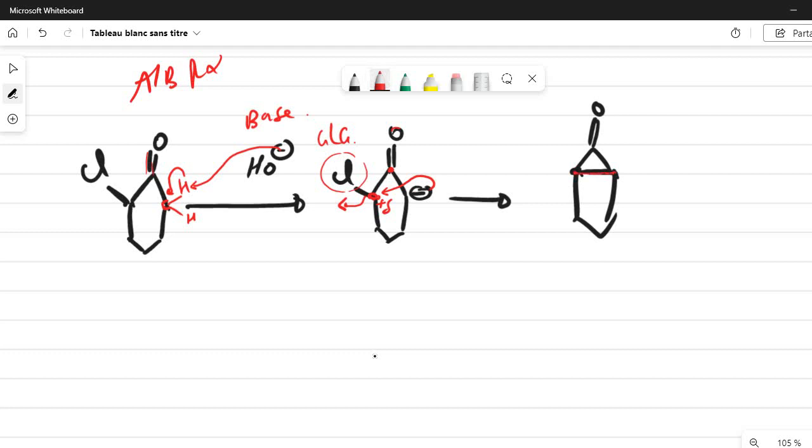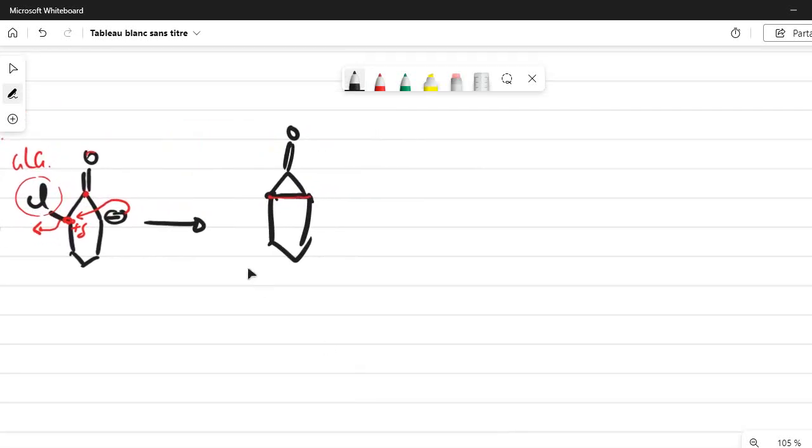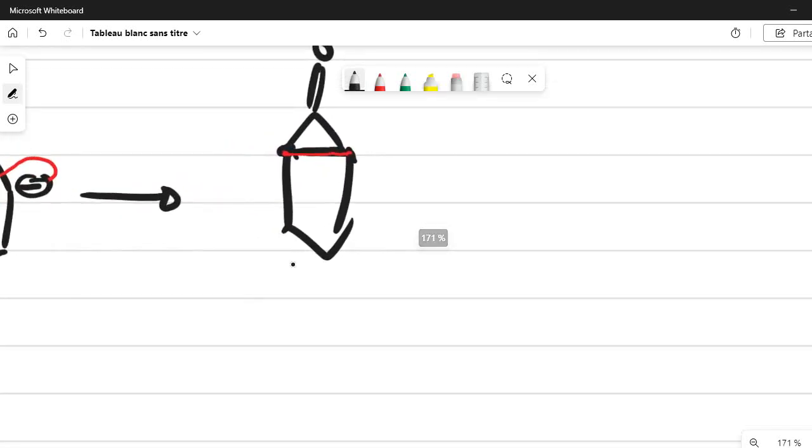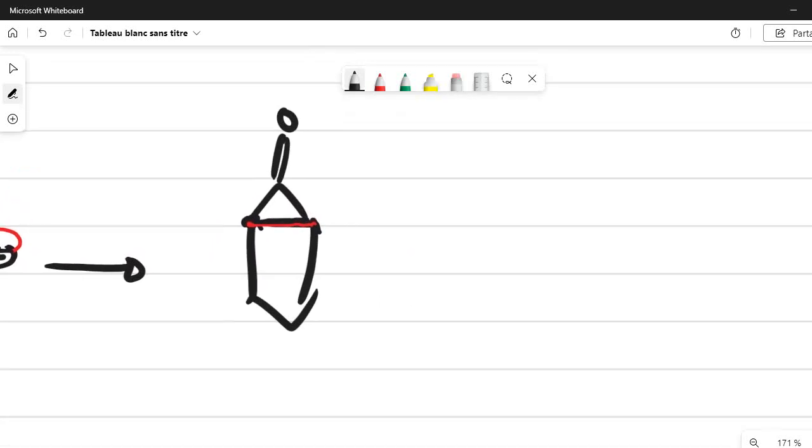Let me just zoom in. So we have another molecule of HO minus. We're going to attack here, where we have a partial positive charge.